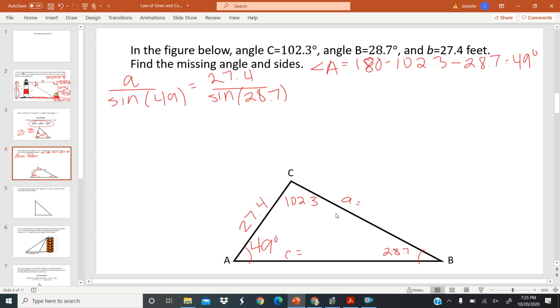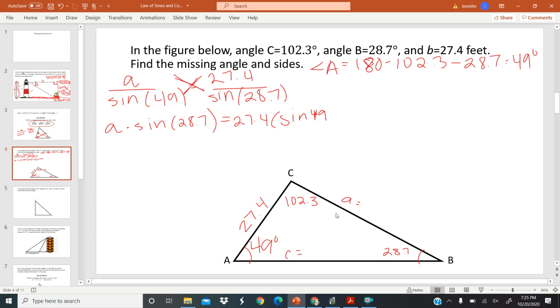To solve for a, you're basically just going to cross multiply. So we're going to have a times the sine of 28.7 equal to 27.4 times the sine of 49.